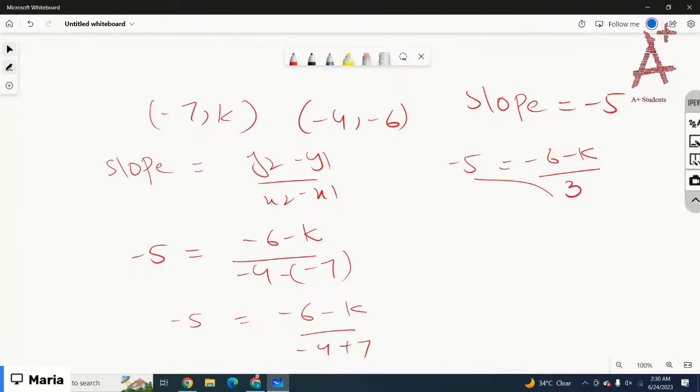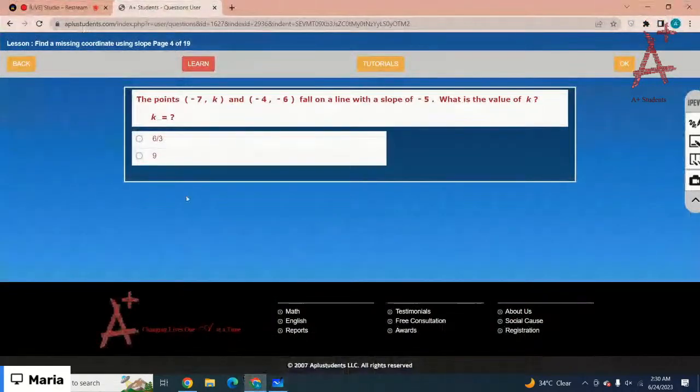Just do cross multiplication. So it would be negative 15 equals negative 6 minus k. Move negative 6. So it would be negative 15 plus 6 equals negative k. So negative k equals negative 9 and k equals 9. Got it? That means the missing coordinate k equals 9.